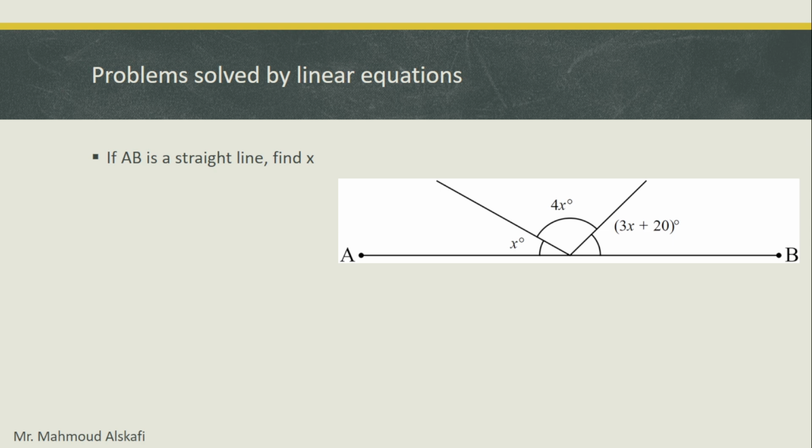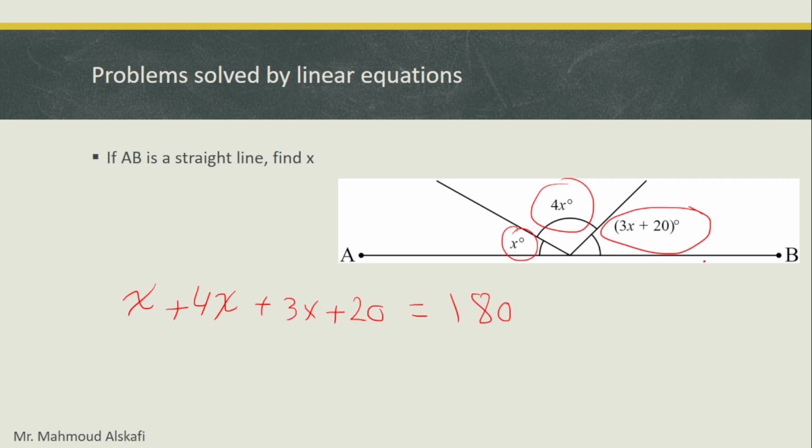So in this case, x plus 4x plus 3x plus 20 equals 180, because all of these angles are on a straight line. x plus 4x is 5x, plus 3x is 8x. So 8x plus 20 equals 180.